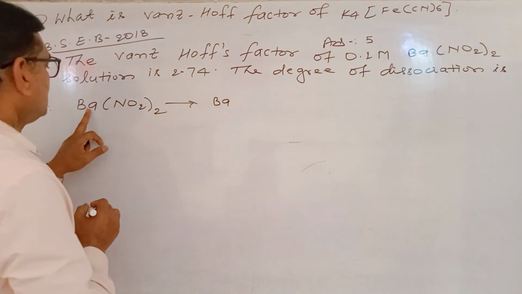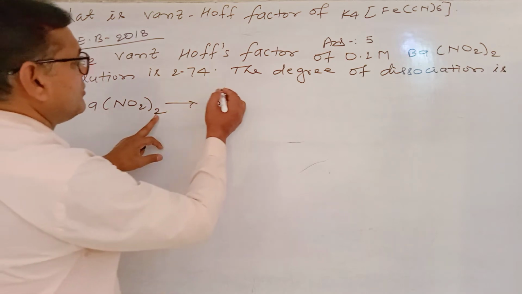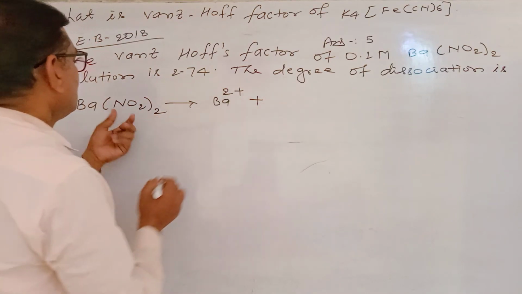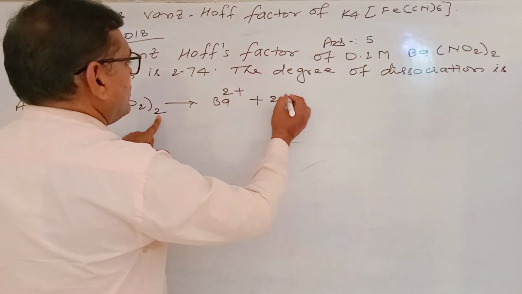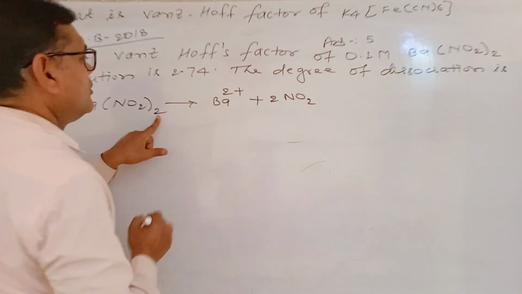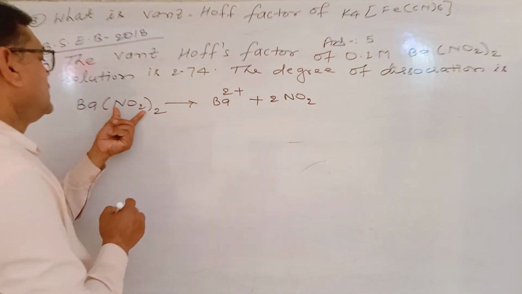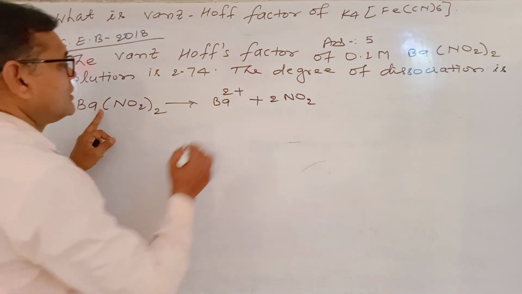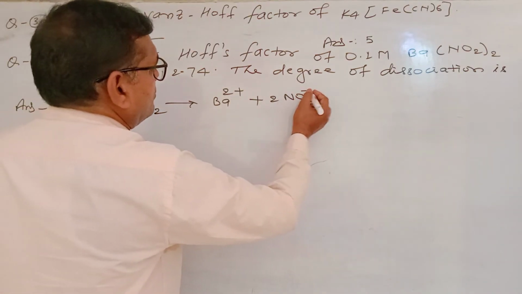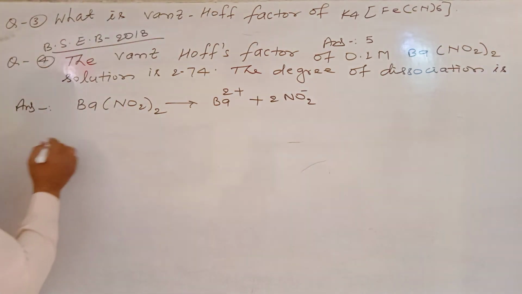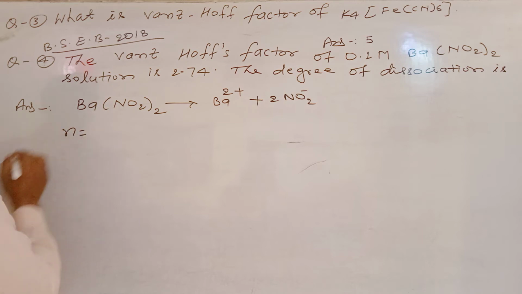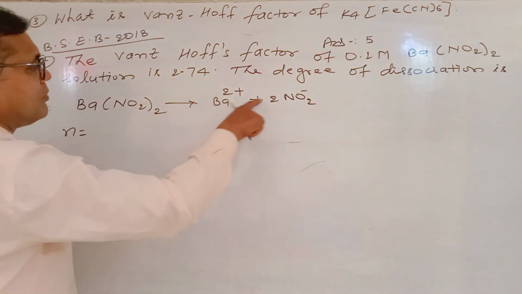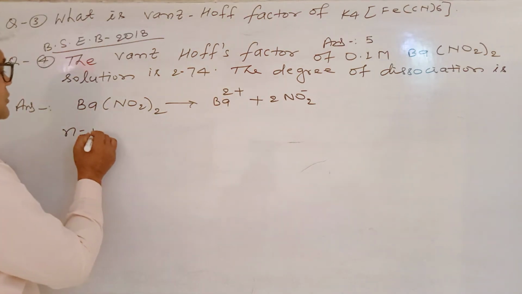The valency of Ba is 2. Therefore we write 2 plus. Number of NO2 is 2. Valency of NO2 here is 1. Therefore we write -1. Here we write n is equal to 1 plus 2 is equal to 3.